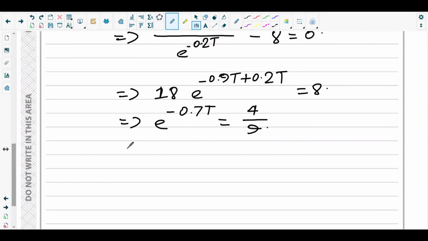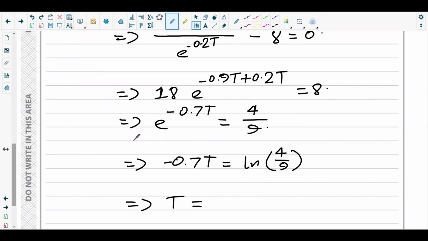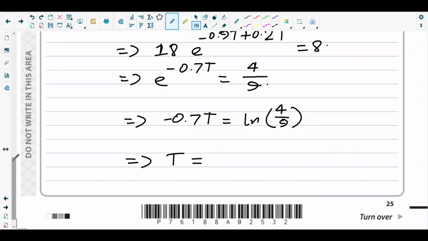Okay, so take ln on both sides, you'll get negative 0.7T equals ln 4 over 9, that's correct, 4 over 9. So we got the value for capital T. Use your calculator, ln 4 over 9, divide by negative 0.7.